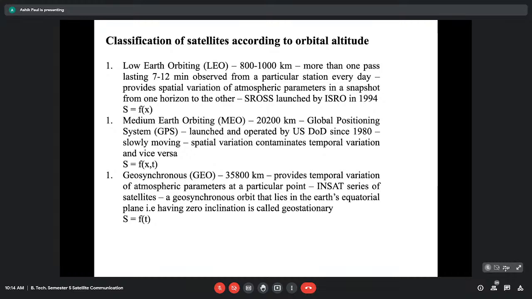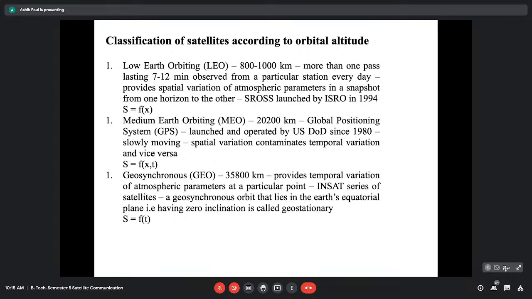Because of this, there will be a number of times each day that the satellite will rotate around Earth. So there will be more than one pass of the satellite, but because the orbital altitude is like 800 to 1,000 kilometers, their velocities will be high.